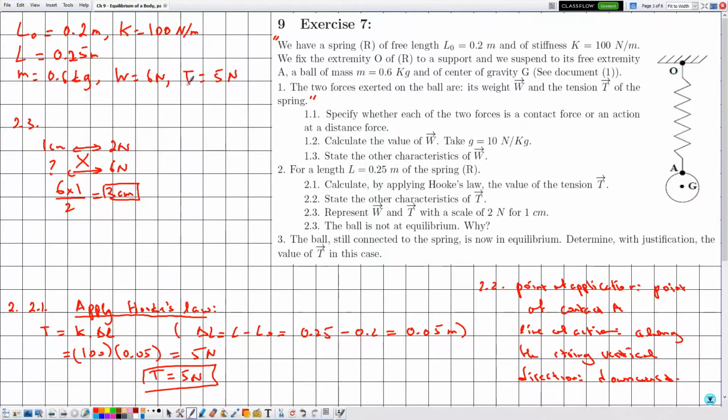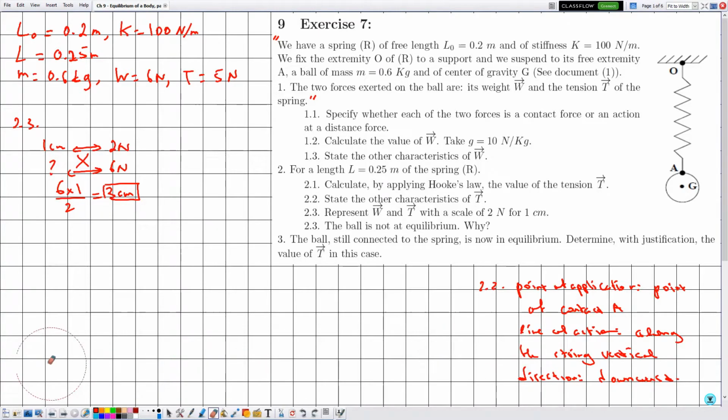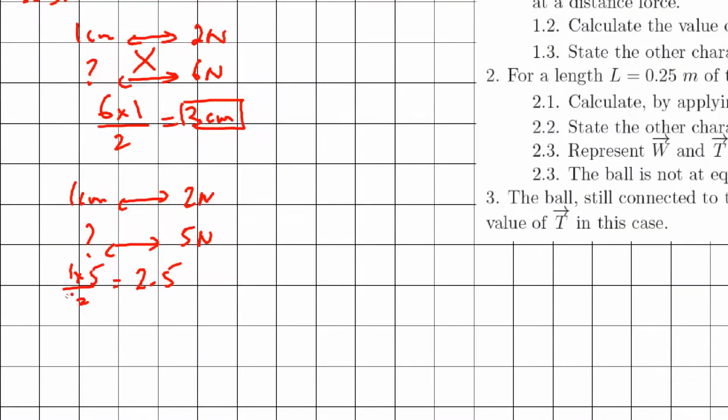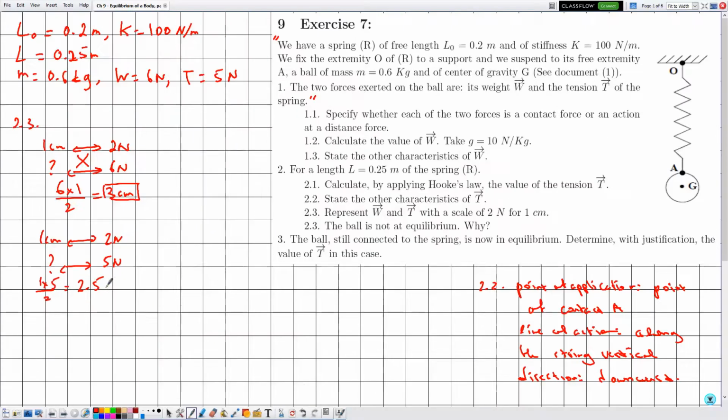Now as for the length of the tension, each 1 centimeter also corresponds to 2 newtons. What about 5 newtons? Then 1 multiplied by 5 divided by 2 is equal to 2.5 centimeters.